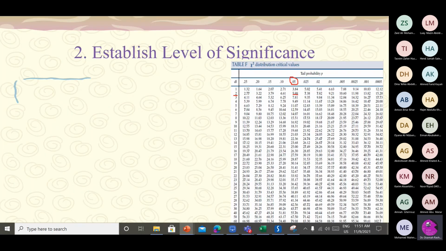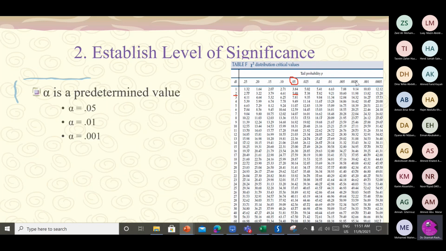So you are looking for degree of freedom 49. What is the degree of freedom 49 over here? You don't have 49, right? No, we have 50. You have 40 and 50, right? And looking for 0.025. Yes, here it is, 0.025.